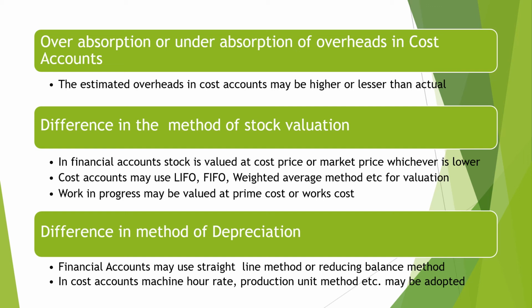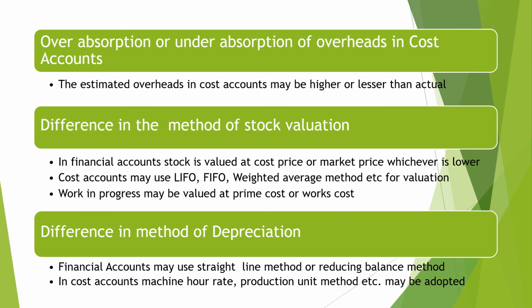Similarly, work in progress may be valued at prime cost or works cost. Such differences in method of stock valuation result in a difference in profit as per cost account and as per financial account. Another difference is the difference in method of depreciation.